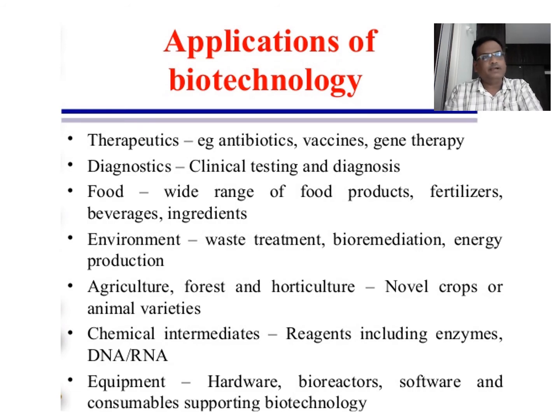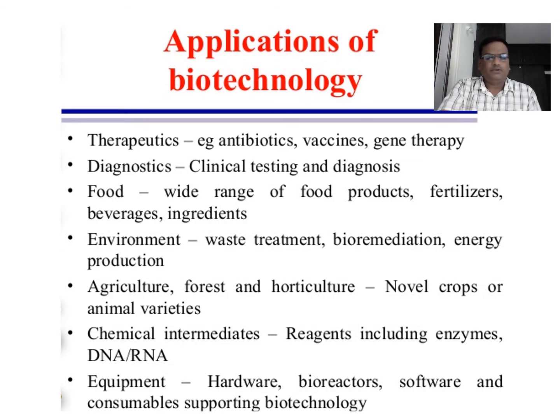In the same way, using biotechnological tools, they have produced golden rice, where they have inserted the enzyme which is responsible for the production of vitamin A into the rice plant, right? So what is happening is that particular plant will produce the rice seeds, which is very rich in vitamin A. So like this, the biotechnology has many applications in the field of agriculture also.